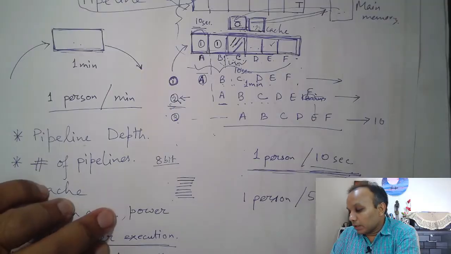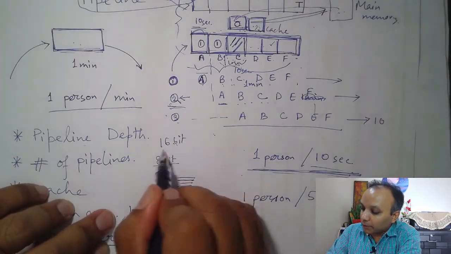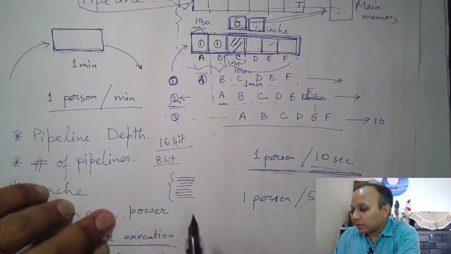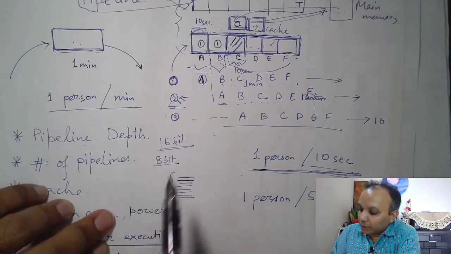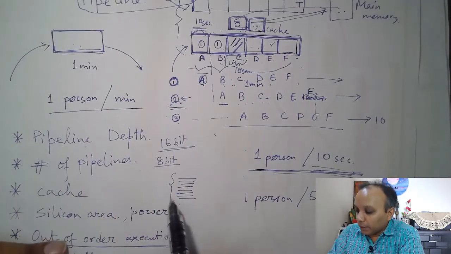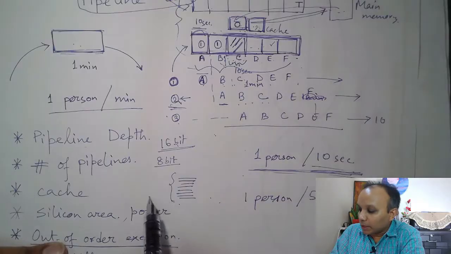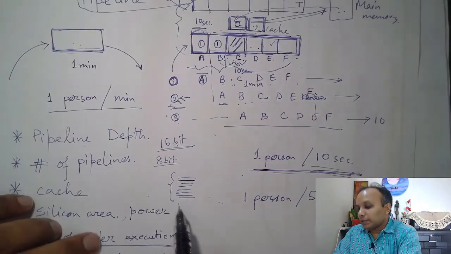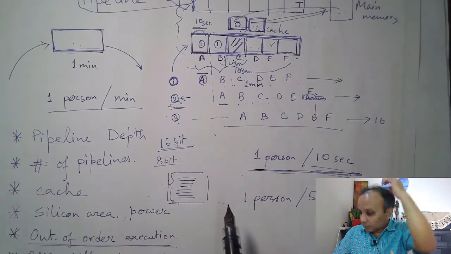But let us say I now have 16-bit data, but my bus width is still 8 bit. In that case, what will I have to do? I will have to break this 16 bit into 2 parts. I will send the first part in one go and the second part in another go. So, this is what we understand by bus width.